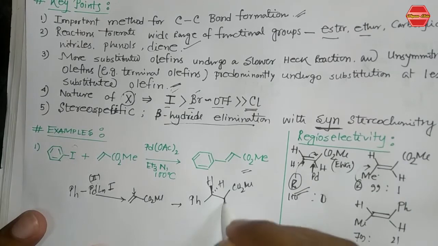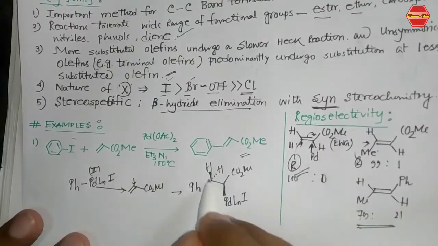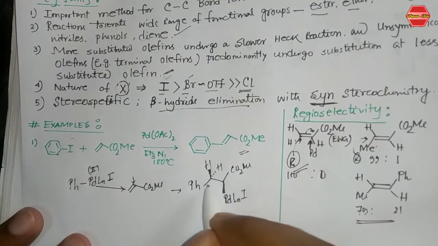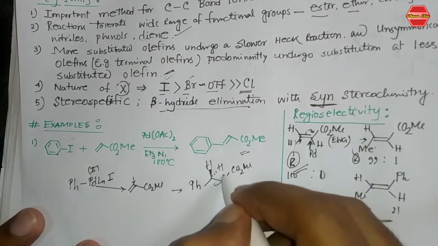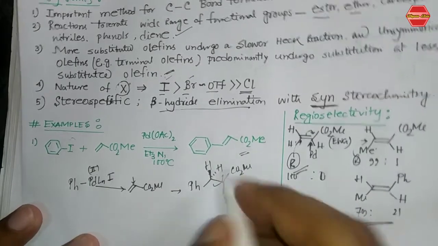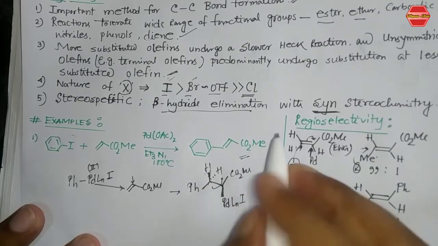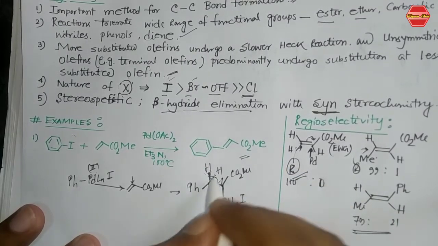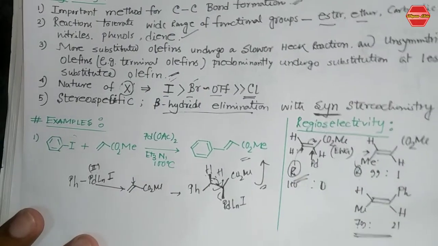You have to rotate this bond, basically not in this way, actually you have to write in this way. So this hydrogen and palladium will be removed from the system, so that we can get this kind of major product. So this is our final and major product from this reaction.